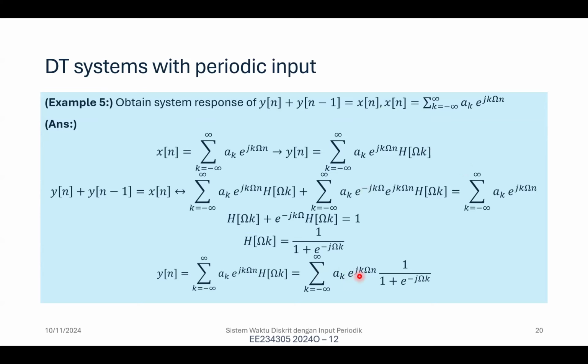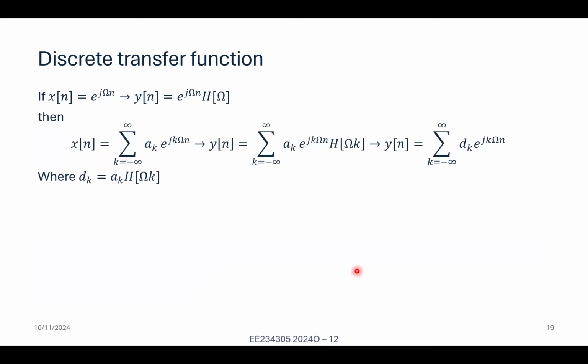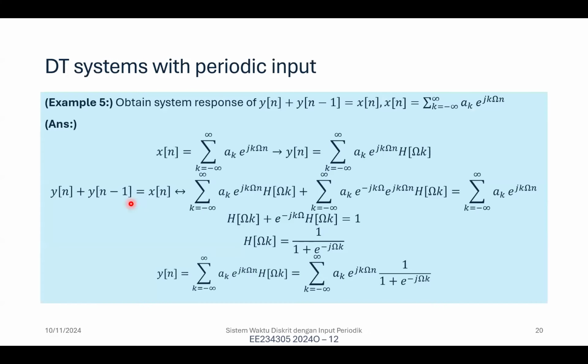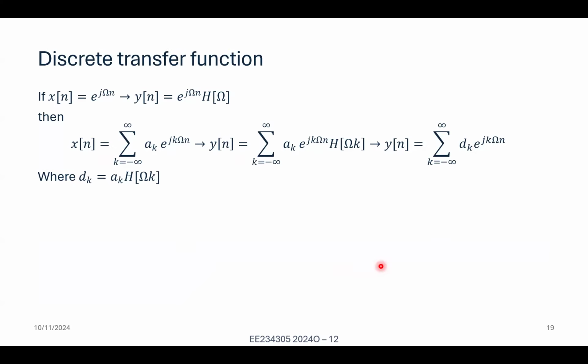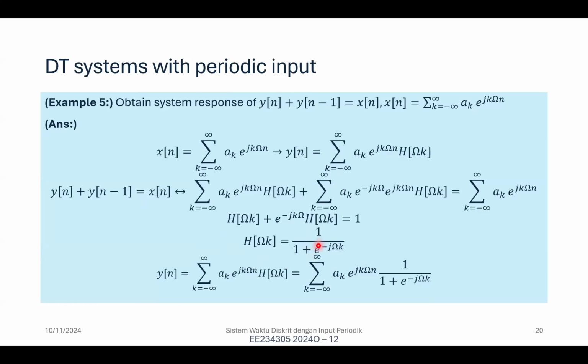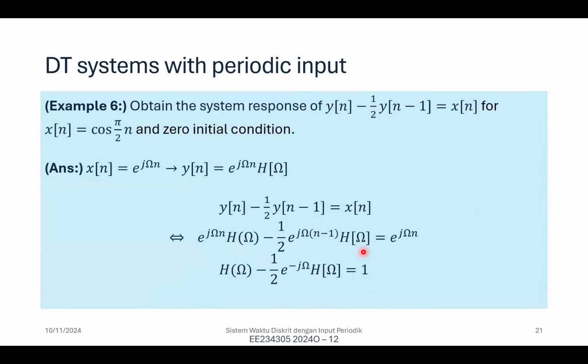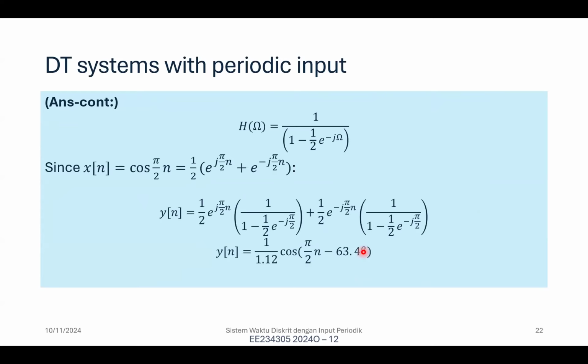So d_k is a_k times H, in this case. So this is the d_k and this is the e to the jkωn. Whereas for this is the signal.